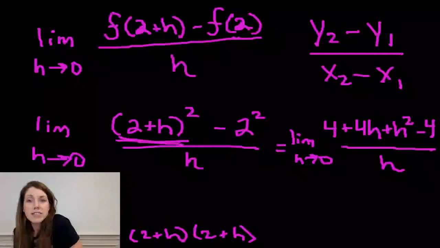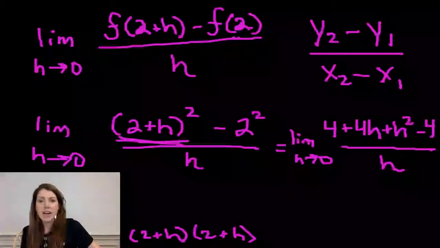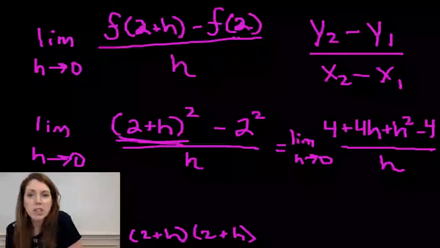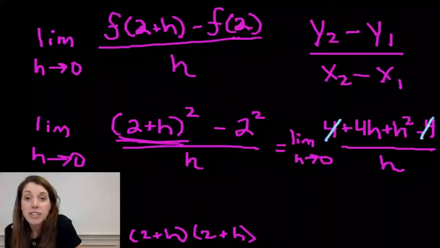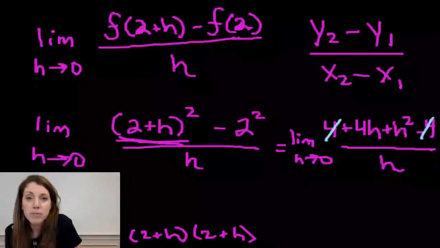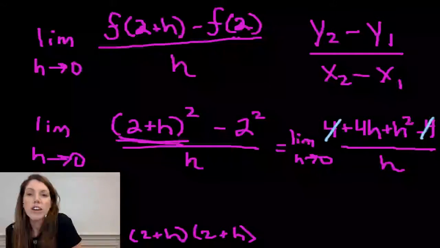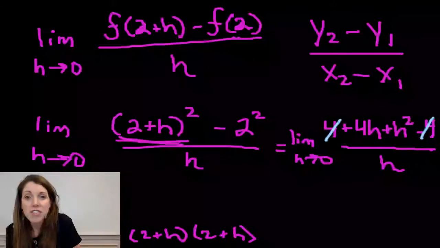And right off the bat, I can see something that I can simplify. I'm going to use a different color because I'm worried that the simplifying is going to get lost here. So I can see 4 minus 4. Those cancel each other out. Then I can also see that I now have 4h plus h squared all over h. Well, that means I can actually cancel an h out of everything, right?